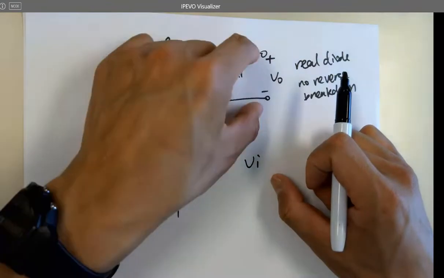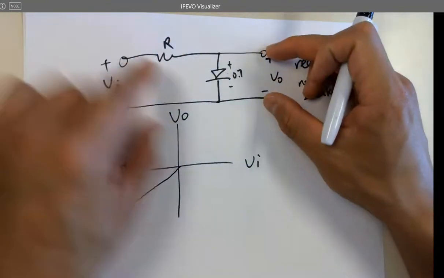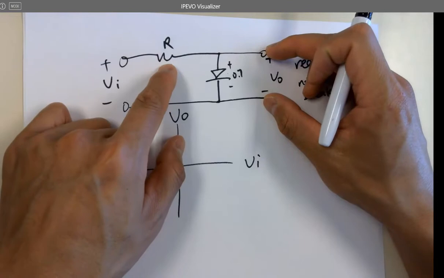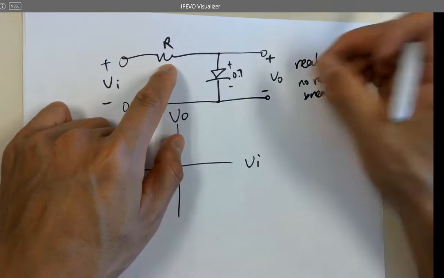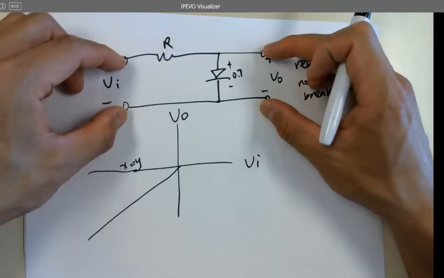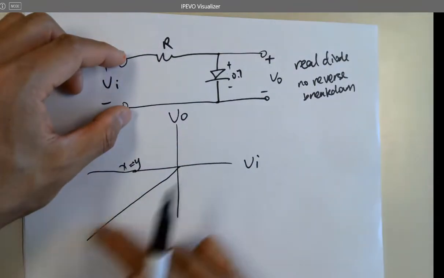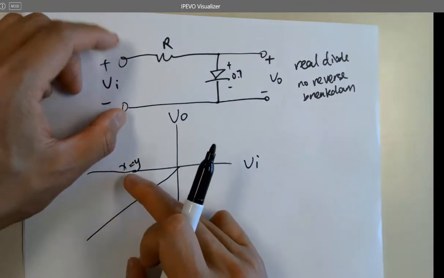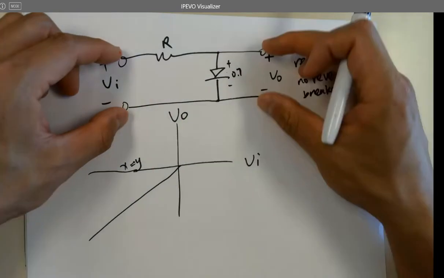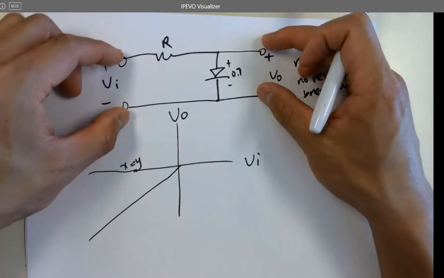No current flow. They're open circuit. This guy, no current, no voltage drop. So VO equals VI. Make sense? That's why, for the negative domain, X equals Y, or VI equals VO. Any questions on this?